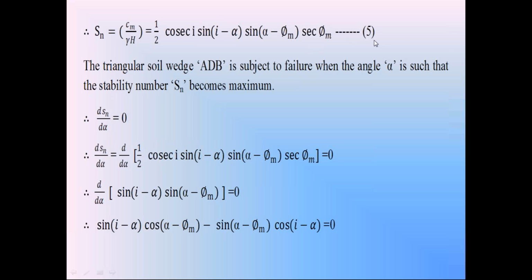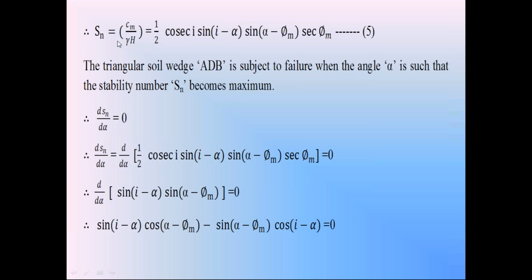In equation 5, on the right hand side, the only variable is alpha. Alpha is the angle made by the failure surface with horizontal. So this stability number depends on this angle alpha. Since the stability number Sn depends on the angle alpha, the stability number is maximum when dSn by d alpha is 0.